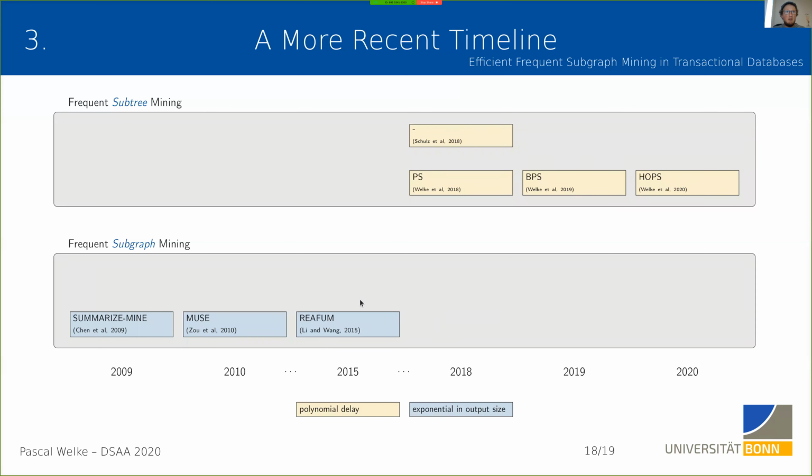This one does, for example, a compression of the database by removing certain edges from the original graphs to make the problem more tractable in practice. Nonetheless, the frequent subgraph mining algorithms are not able to basically guarantee polynomial delay or incremental polynomial time.